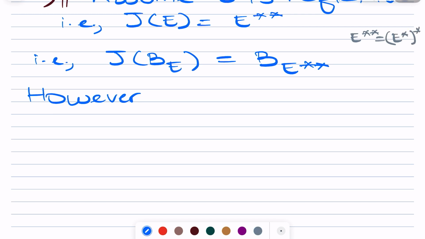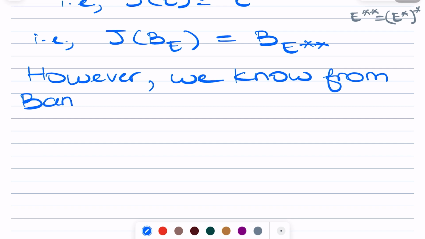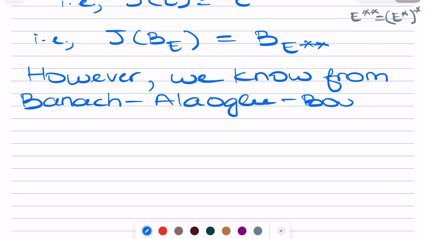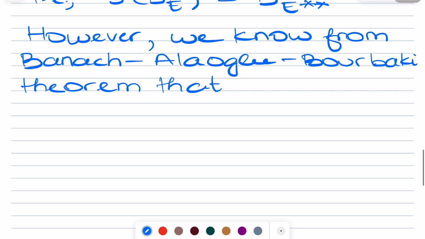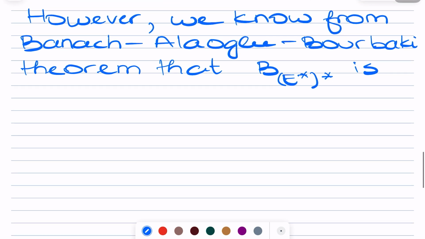Okay, so however, we know from the Banach-Alaoglu-Bourbaki theorem that the closed unit ball in the dual space, right, is compact in the weak star topology.